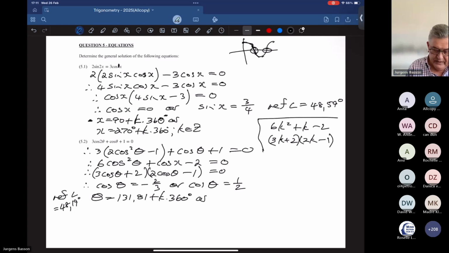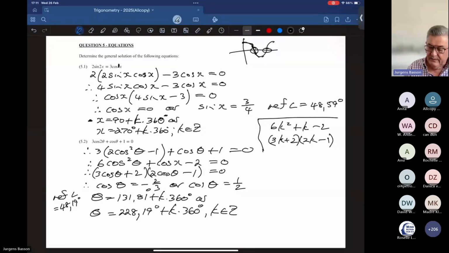Or in the third, it will be 180 plus this 48. And that will give me 228,19 degrees plus k times 360. And always remember k an element of z.